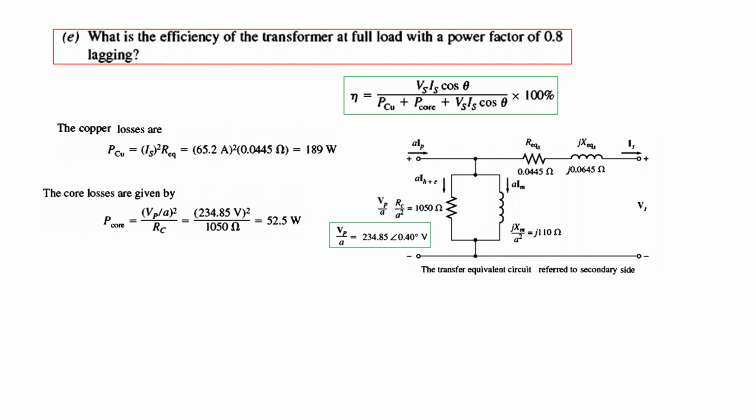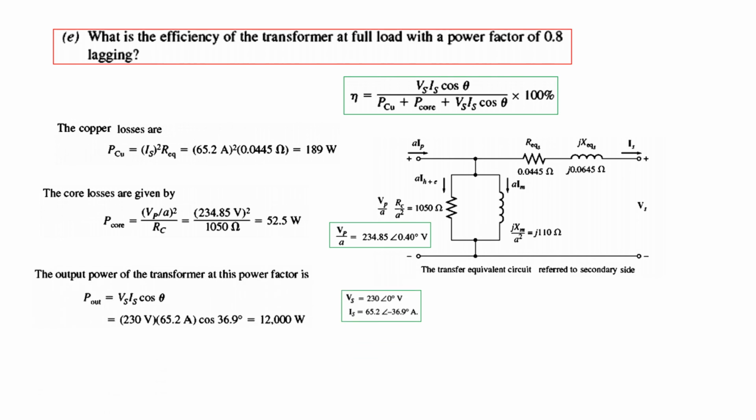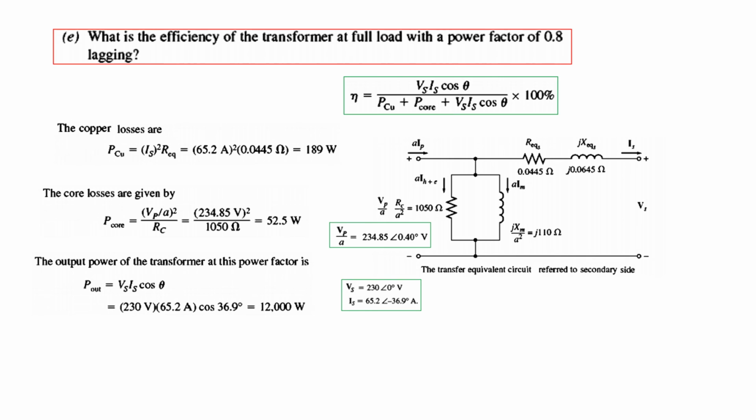And similarly, the power loss due to the core loss is V square over R, and VP/a we already know the value, divided by RC. This RC is 1050. So the core loss is 52.5 watt. And now the output power, VS IS cos theta.